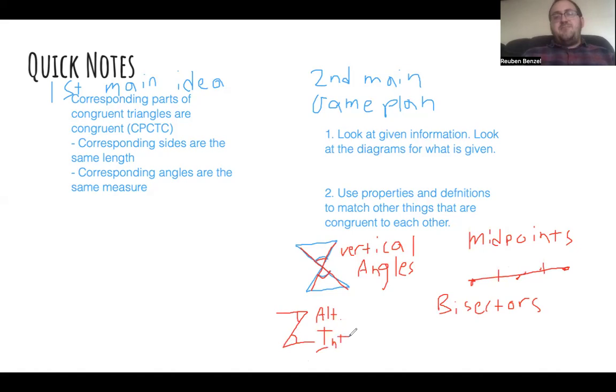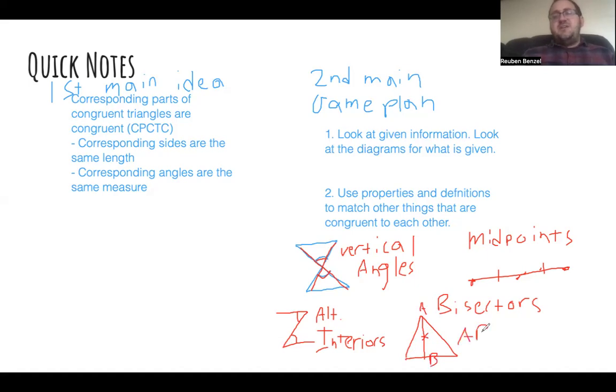And one thing that might be new that we use a lot throughout our triangle proofs are the situations where there's a shared side. When we have the shared side, it's called the reflexive property.